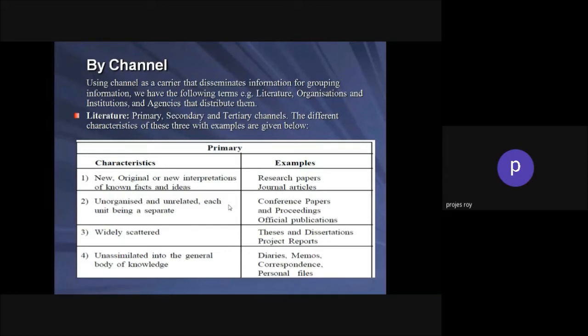In the primary literature, if you look at the different characteristics, you will find new original work, new interpretations of known facts and ideas.